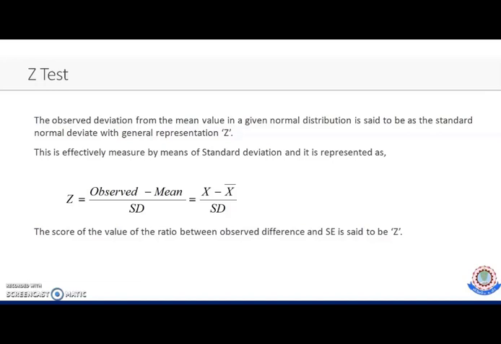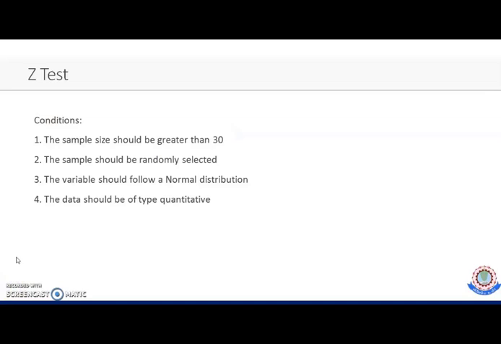So here the score value of the ratio between the observed difference and the SE value is called the Z value. The following are the conditions that have to be adhered to while doing Z test.